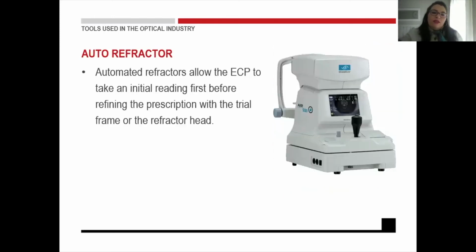Okay, the other thing that you might be using a lot in practice is called an autorefractor. Now, an autorefractor takes a digital prescription. So it does not require any input from your patient. He places his head in front of that machine and you press a button, and that machine can tell you what the patient's prescription is without him saying anything.